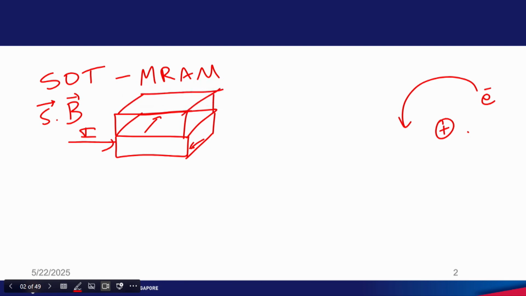We can use these spins to exert torque on the magnetization of the ferromagnetic layer and switch the free layer. Okay. So, in SOT MRAM typically the heavy metal is at the bottom, then the free layer, then magnesium oxide, and the reference layer is at the top.